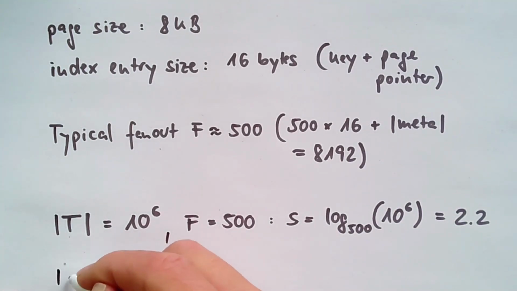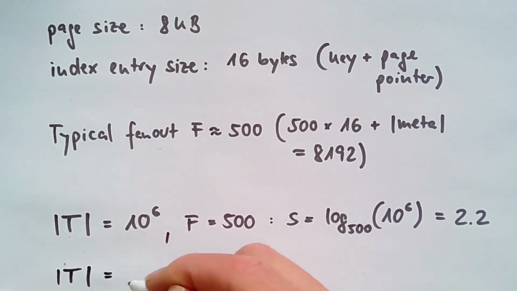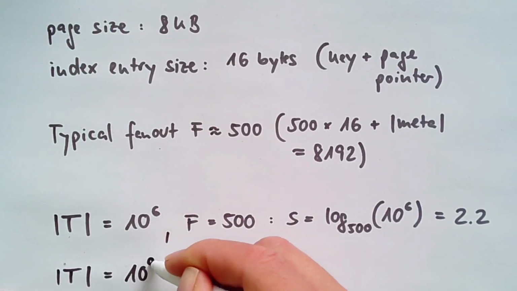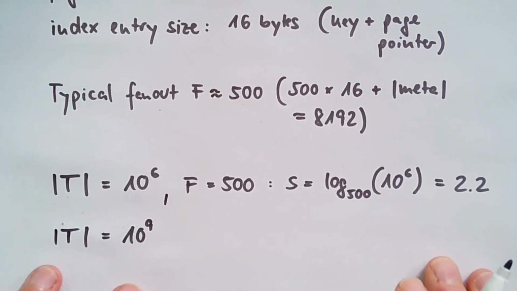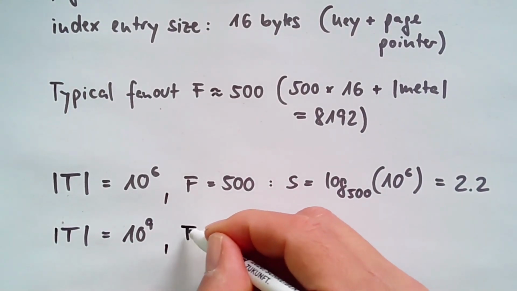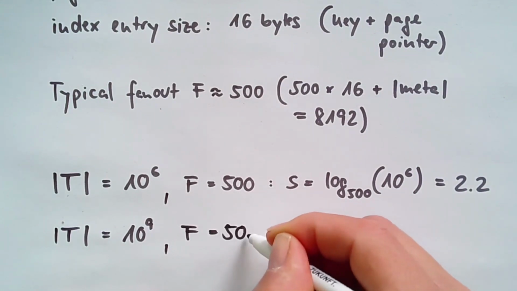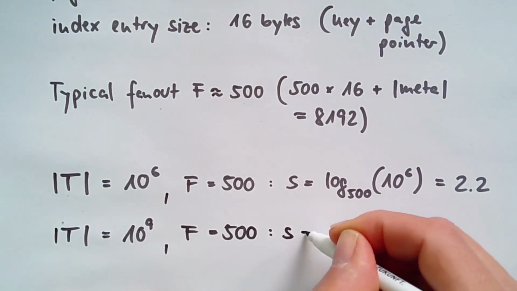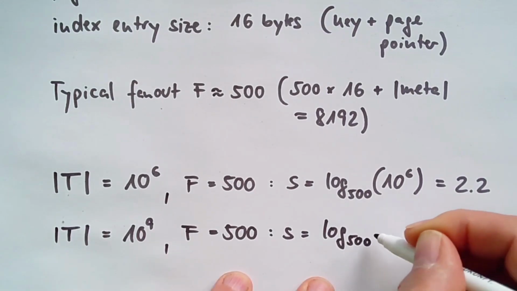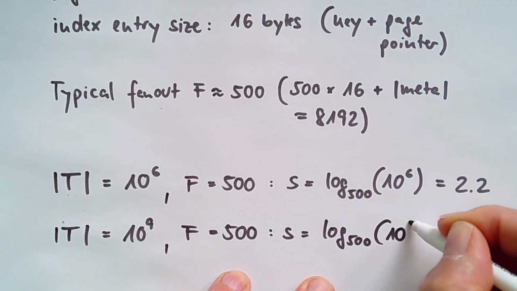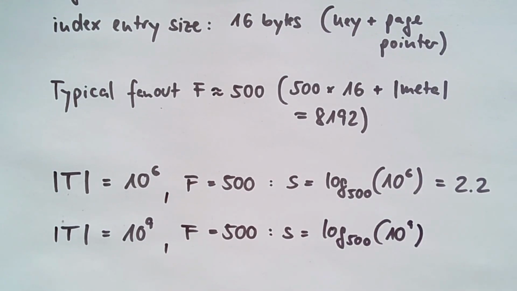So let's see what that means if we have a billion rows inside this table. We are working with the same fan out. The same fan out over a billion rows would lead to a size of 3.3.